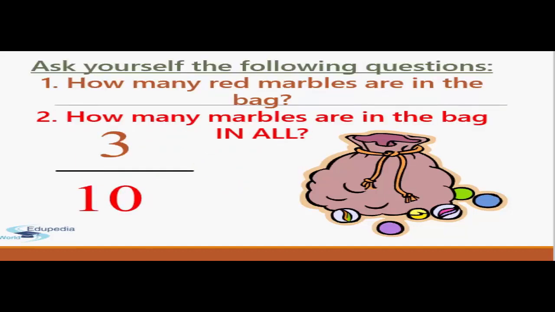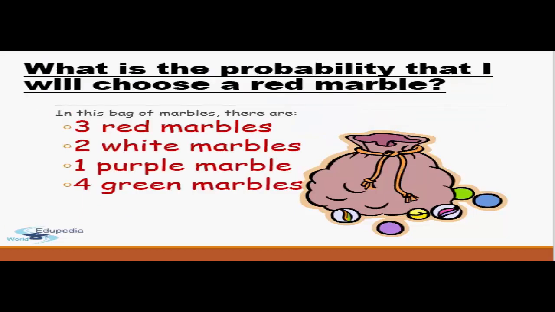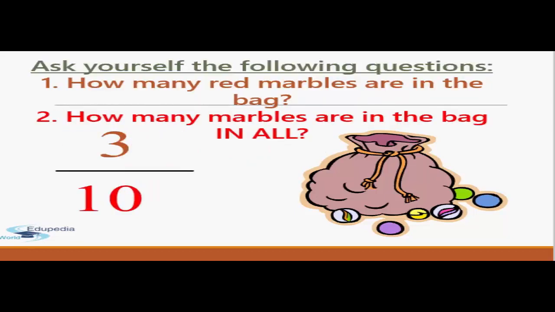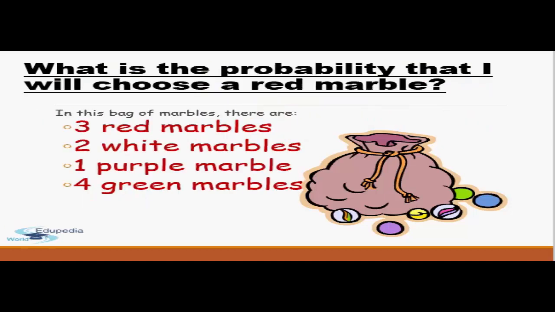Now just like I explained to you, first of all, let's just look at 10. 10 is the denominator over here. The denominator basically represents all the possible values that can occur. That is, there are altogether 10 marbles, so amongst those 10 marbles, you can choose 3 red or 1 purple or 2 white or 4 green.